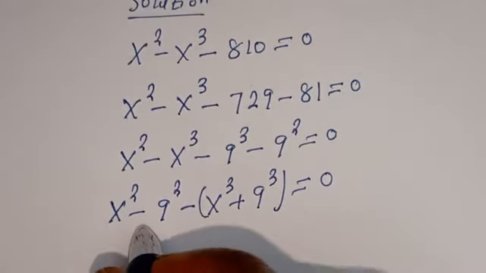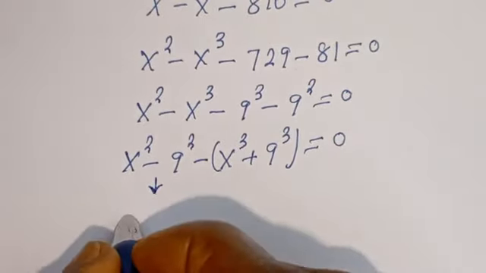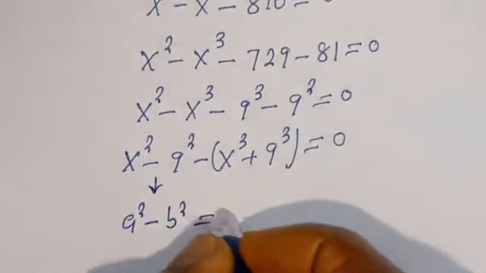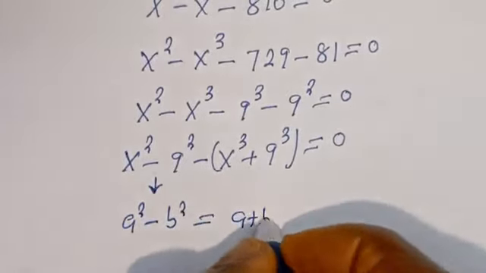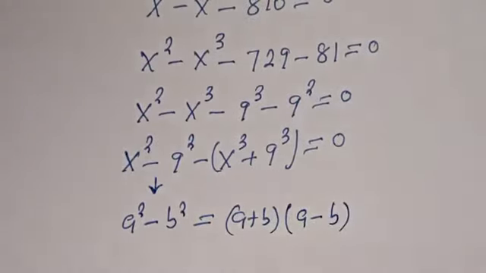Then from here, if you have a squared minus b squared, this is equal to a plus b bracket a minus b.